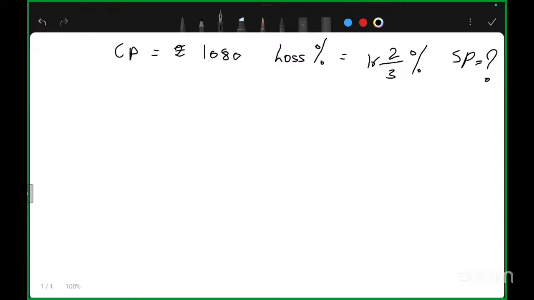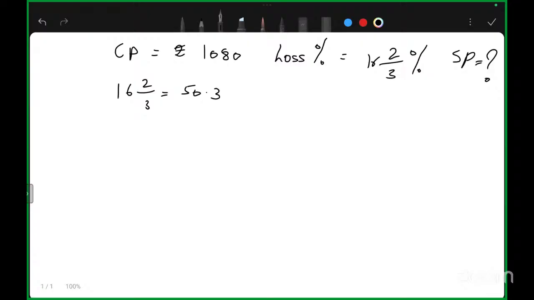Now, what you can do in this question is first convert 16 2 by 3 into a fraction. We will get 50 by 3. You can divide this further. 50 divided by 3, we will get 16.66.